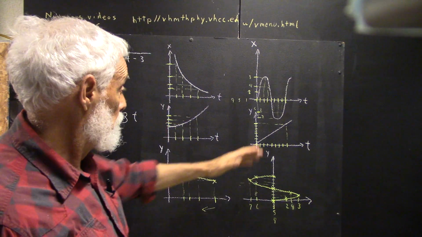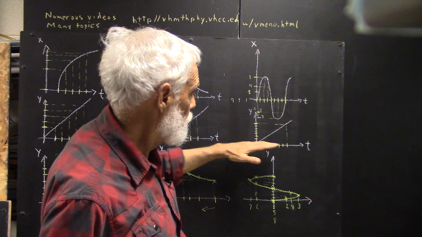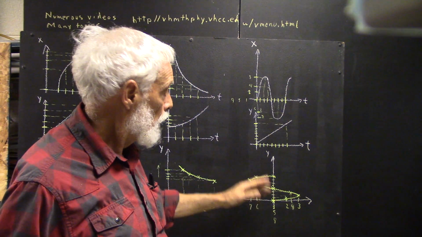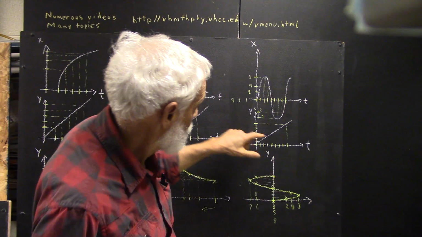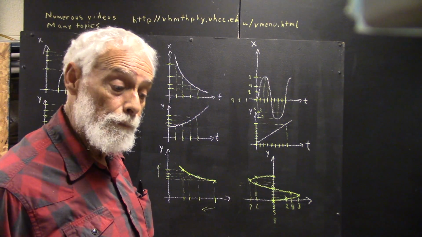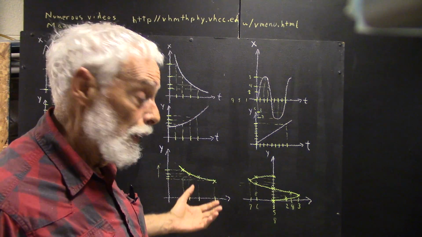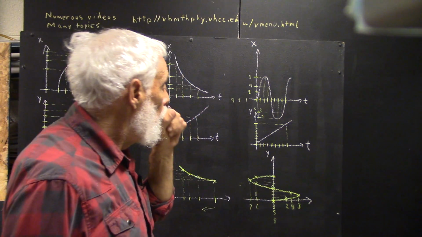Now, question: if y is increasing, well, y is concave up, what's that going to do to this graph? If y is concave down, what's that going to do to this graph? Think that through. I'm going to tell you in a minute, but see if you can think it through and imagine how that would modify this shape.